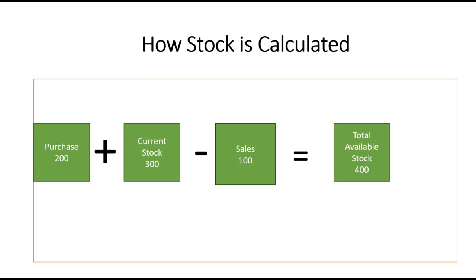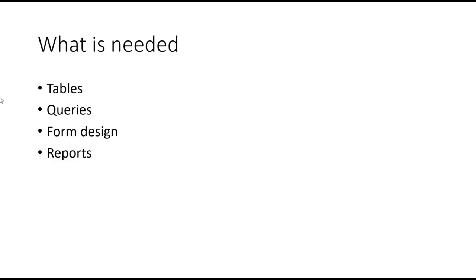So this is what we are creating in our MS Access project. How will we create it? As you know, in MS Access when we create a project, we create some tables, some queries, some forms and reports, which we will do here.